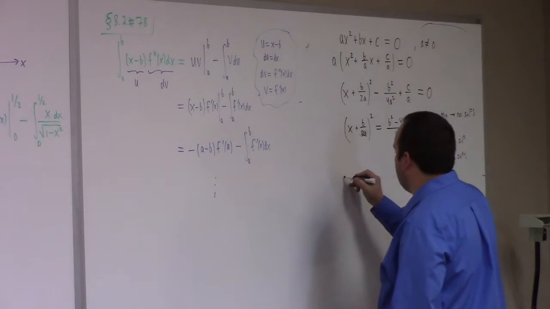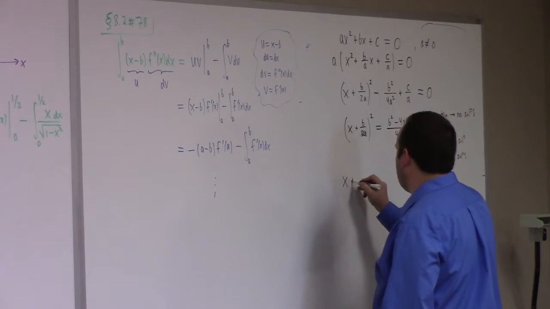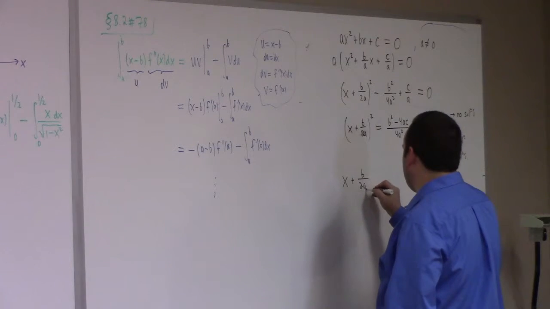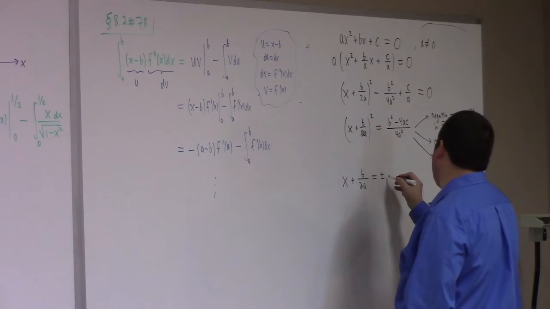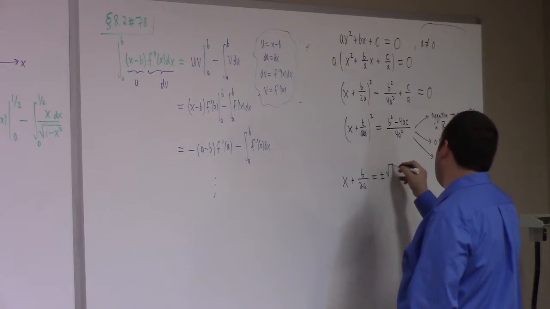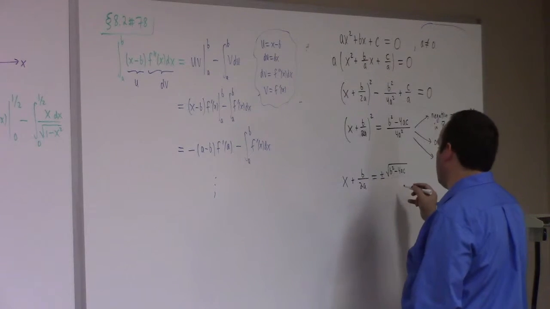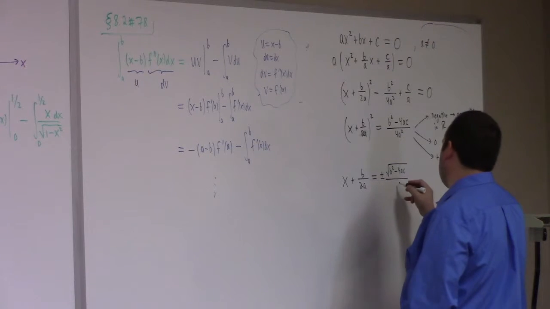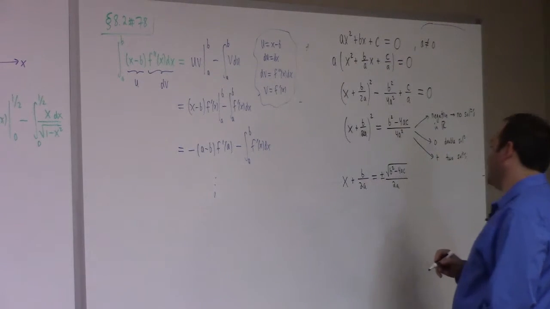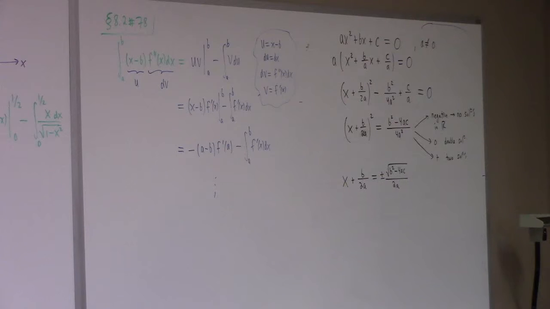But anyway, taking the square root of both sides and abusing a little complex variables here, we get plus or minus the square root of b squared minus 4ac divided by 2a. Technically, I should have absolute value of a there, but you can lump that into the plus or minus logically.